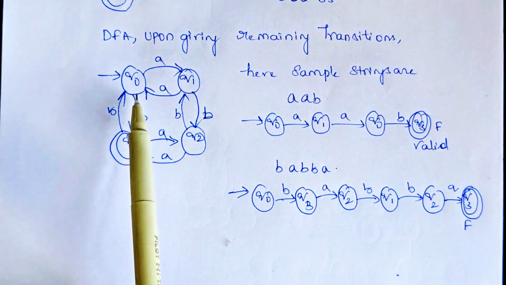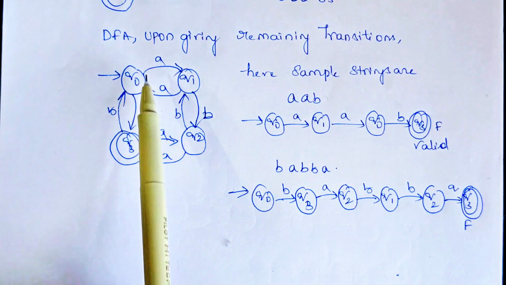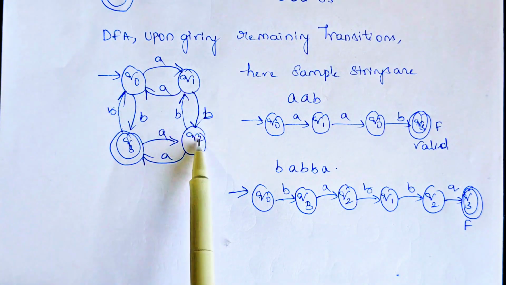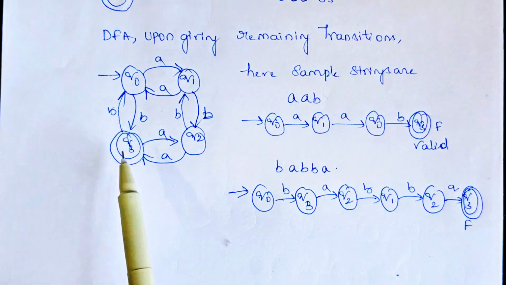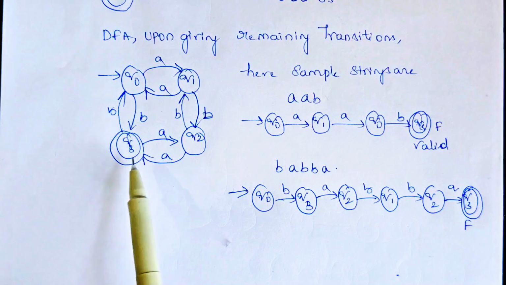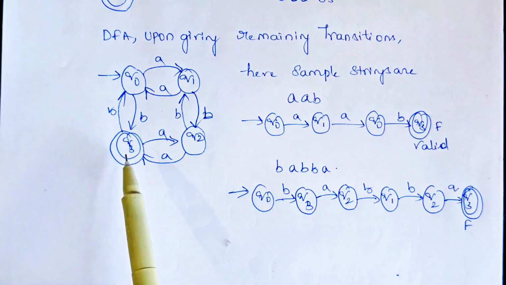But here in this problem we have to process an even number of A's and an odd number of B's. So odd A, odd B, even A is processed. Q3 will become the final state here. So upon changing the final state, whether it is Q0, Q1, Q2, or Q3, we get multiple combinations.